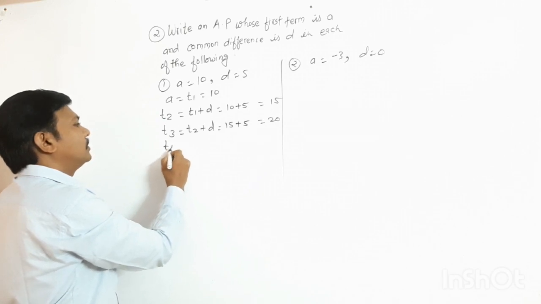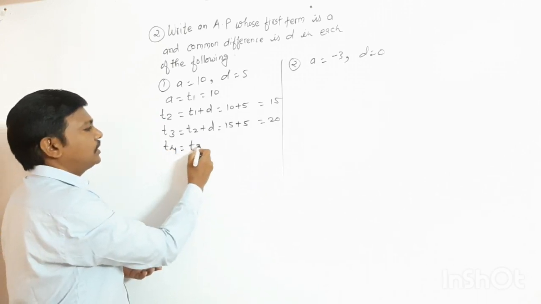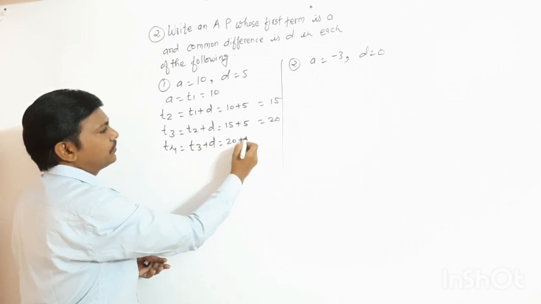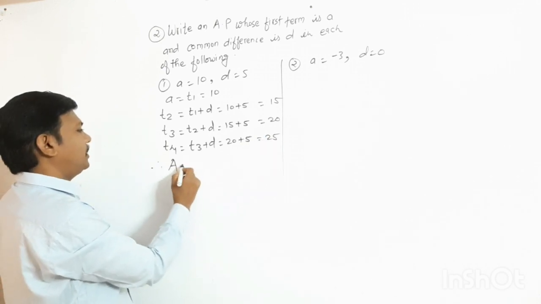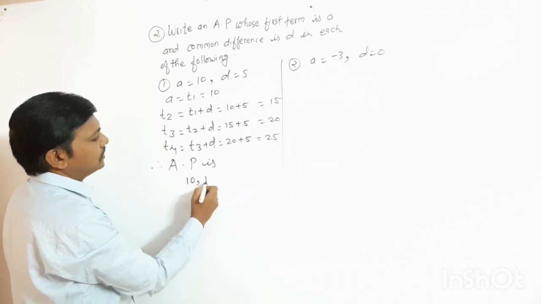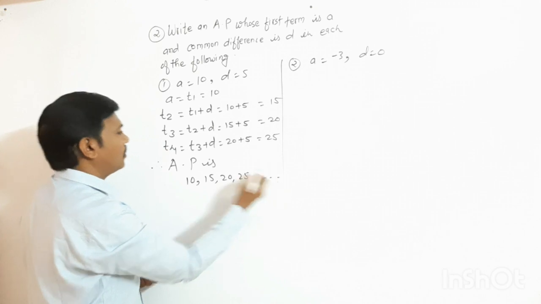Then T4 means fourth term, that is T3 plus D, means 20 plus 5, that is 25. Therefore the AP is: first term is 10, then 15, then 20, 25 and so on.